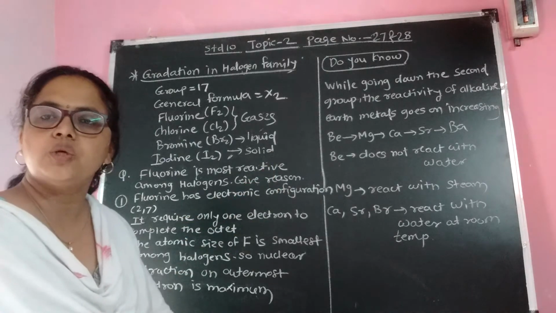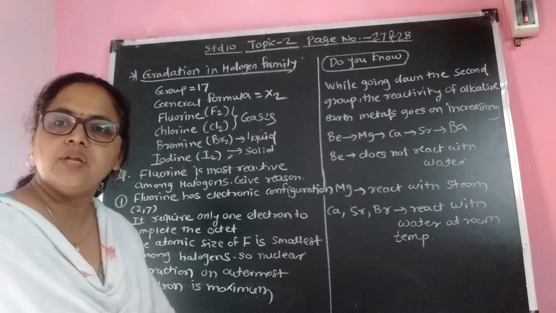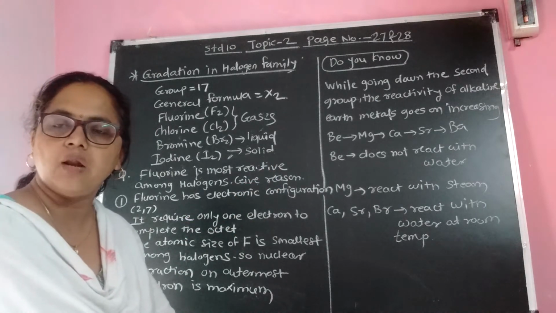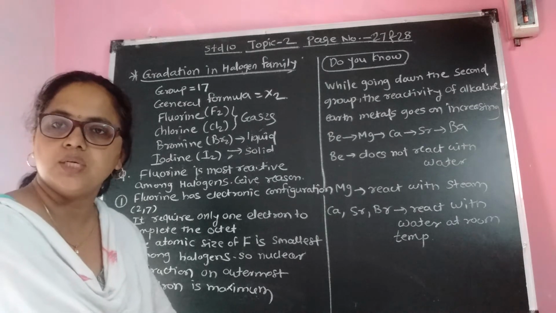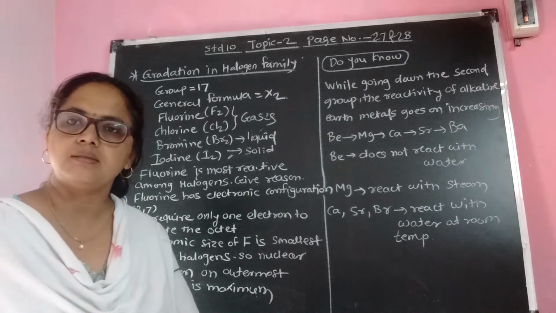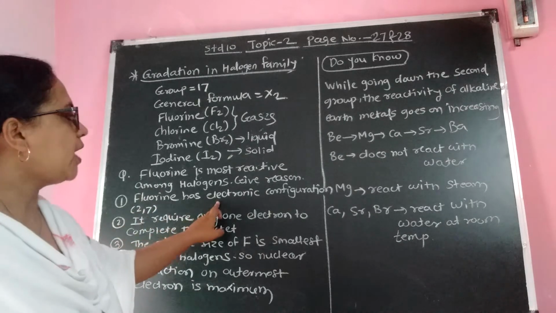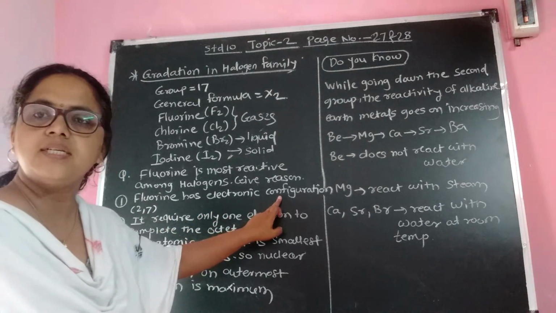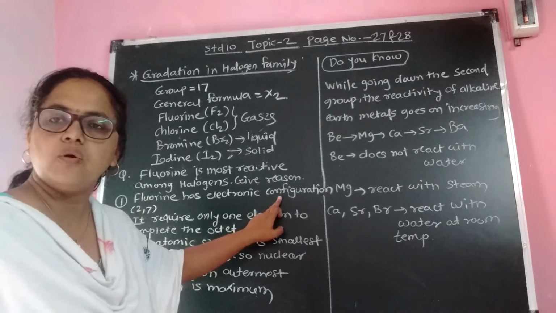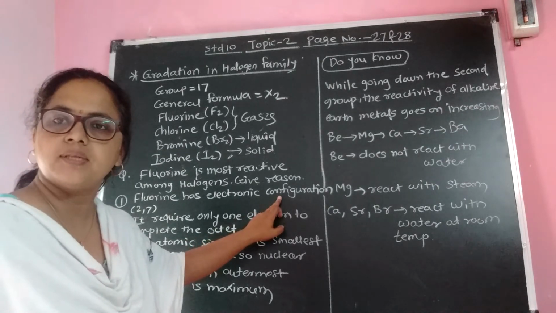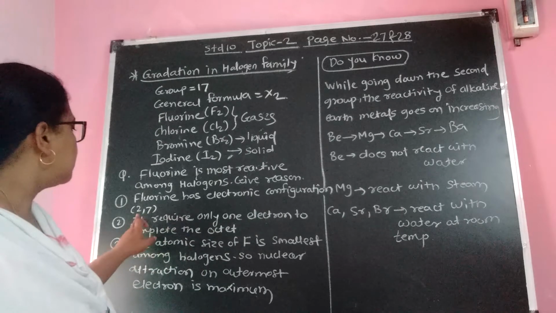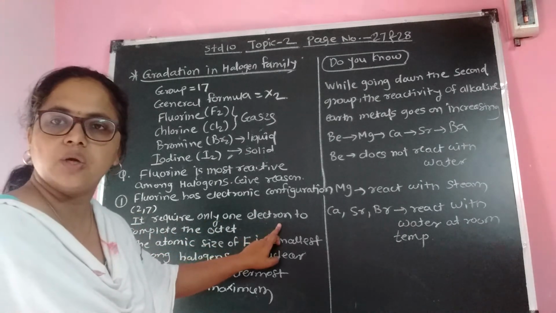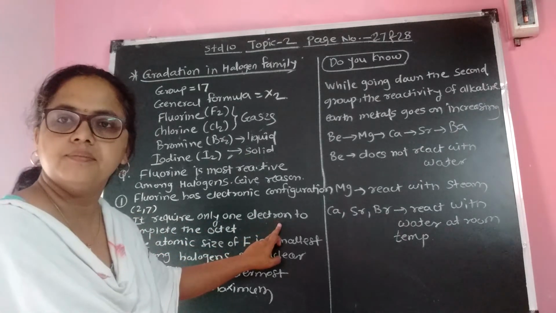Then one question may be asked in your exam. Fluorine is the most reactive halogen among all halogens. Then the answer is, fluorine has electronic configuration 2,7. That is, its atomic number is 9. So its electronic configuration is 2,7. Second point is, it requires only 1 electron to complete its octet.